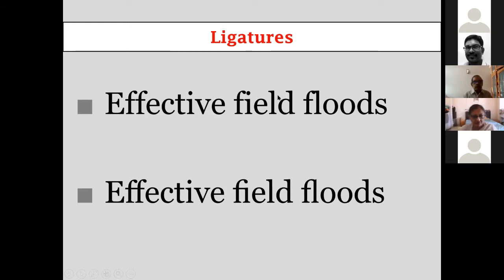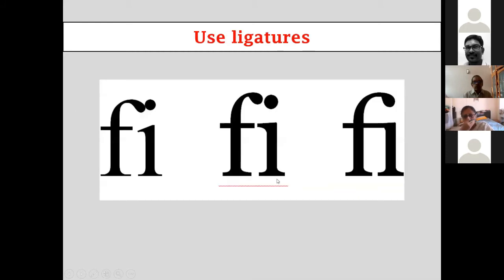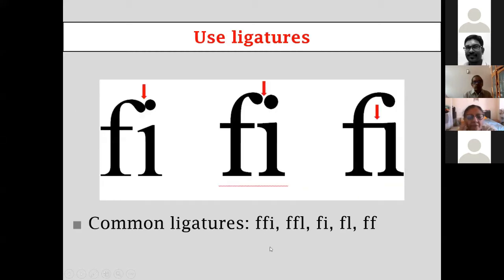Likewise, this F and I, because the bowl of F and the dot of I are too close, have been combined as a separate character. These are called ligatures, and these are the common ligatures.